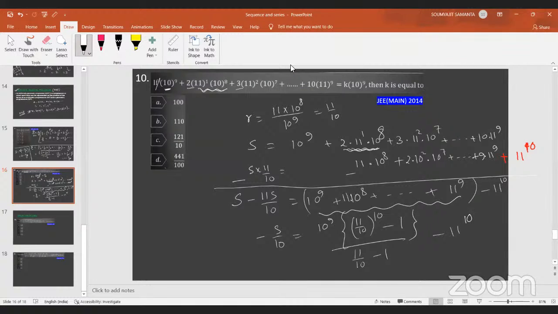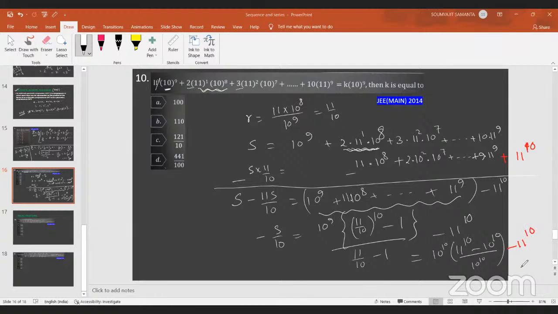So if you simplify this, what is your result? 10 to the power 9, here 11 by 10 minus 1 will become 11 minus 10, that is 1 by 10, so it will become 10 to the power 10. And then 11 power 10 minus 10 power 10 divided by 10 power 10, minus 11 power 10.